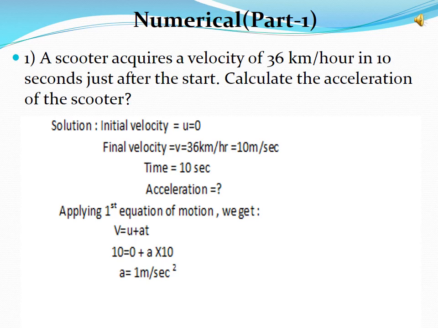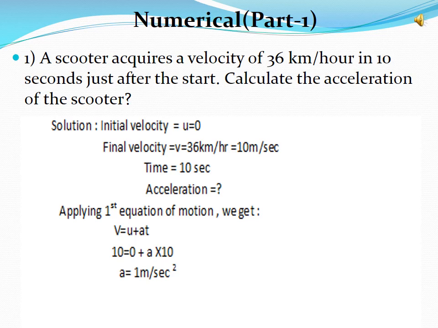Here, the initial velocity of the scooter u is equal to 0, as the scooter starts its motion at 0 velocity. Final velocity v is equal to 36 km per hour converted into meter per second. How to? You have to multiply 36 by 5 by 18. It will be equal to 10 meter per second.